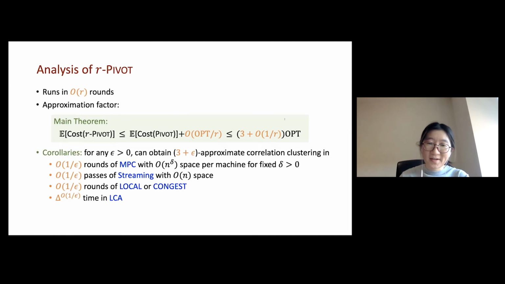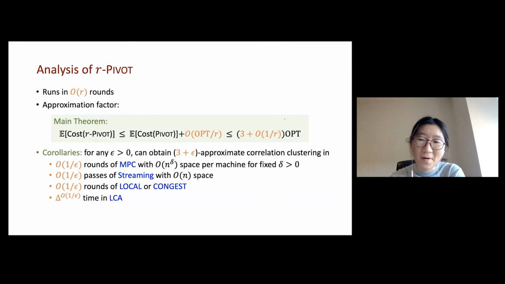And this has several direct consequences. Namely, we can implement the R-pivot algorithm in several large-scale data models, and then we can obtain a 3 plus epsilon approximation for correlation clustering.